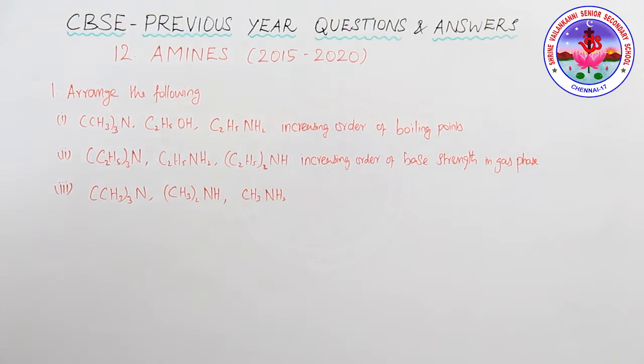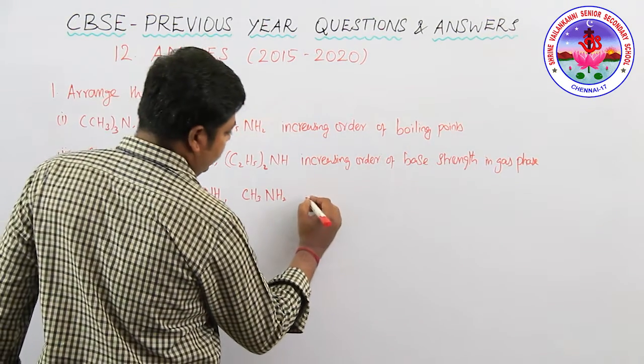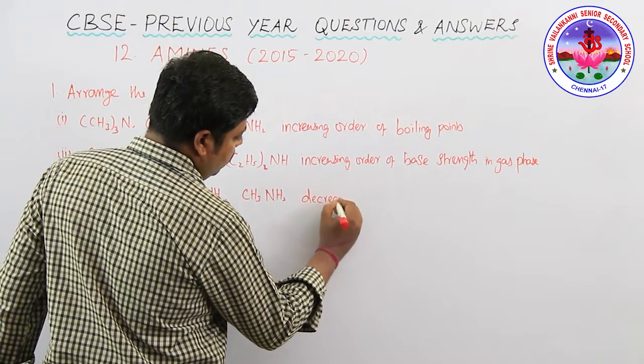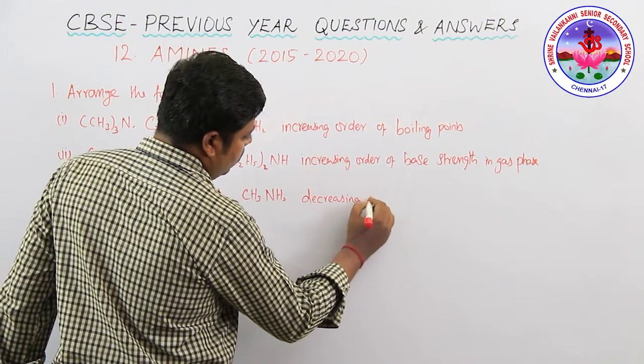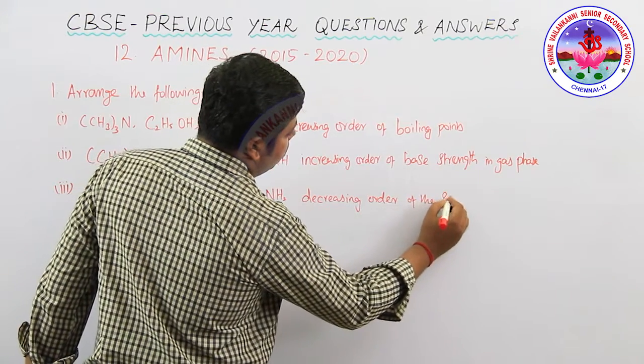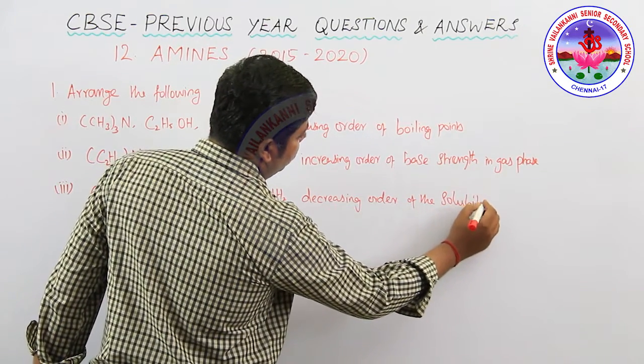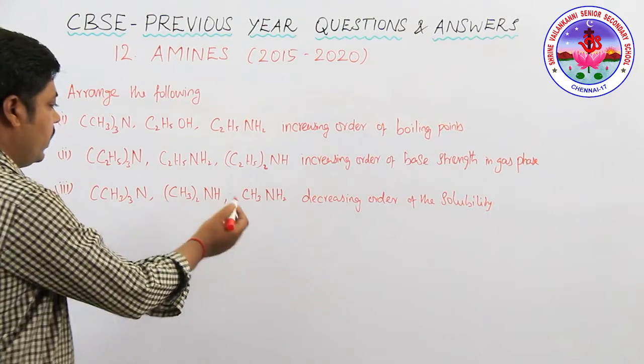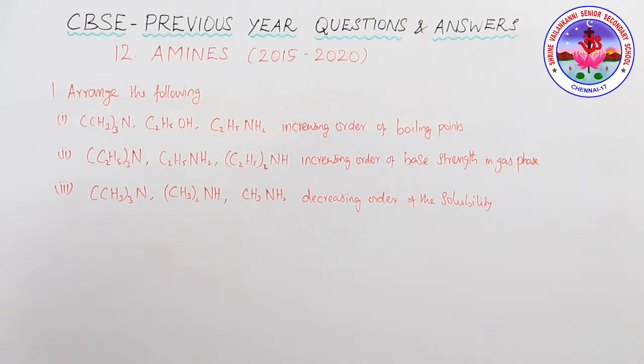Then this question is decreasing order of solubility, where again the primary amine, secondary amine and tertiary amine are given.